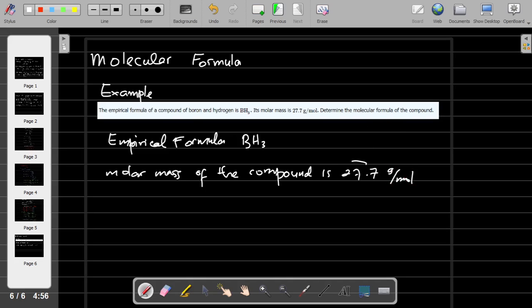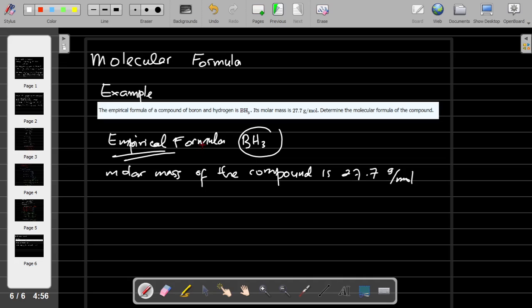Using this information, we're going to find the molecular formula of this BH3.